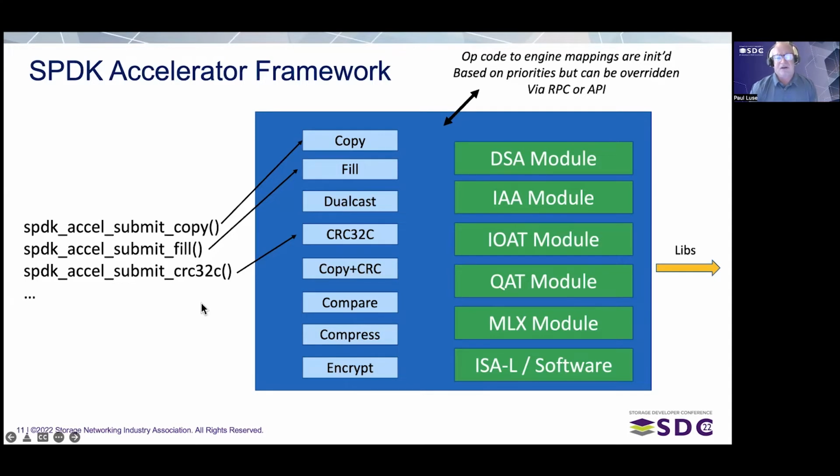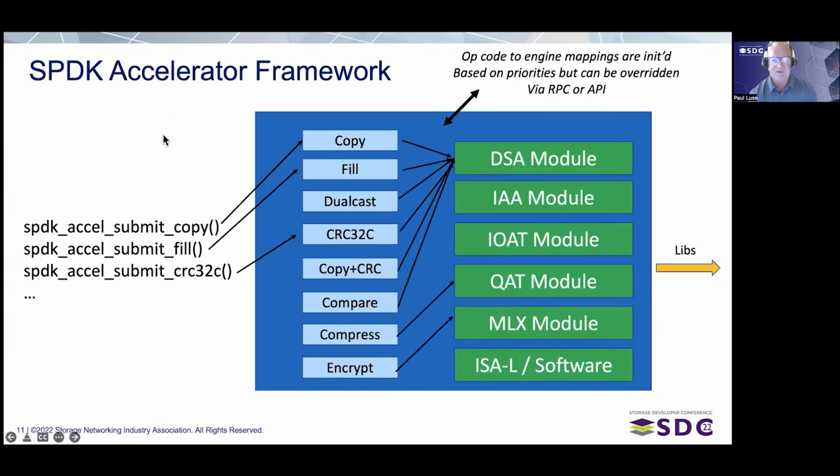But initially, when the Accelerator Framework comes up, it's going to map each opcode to whatever available module has been initialized, and it's going to do so in the order in which they came up. So it may not be optimal for what the application desires, right? Maybe a bunch of stuff is going to the software module and you want it to go to the DSA module, or whatever, and you can slice and dice this however you want.